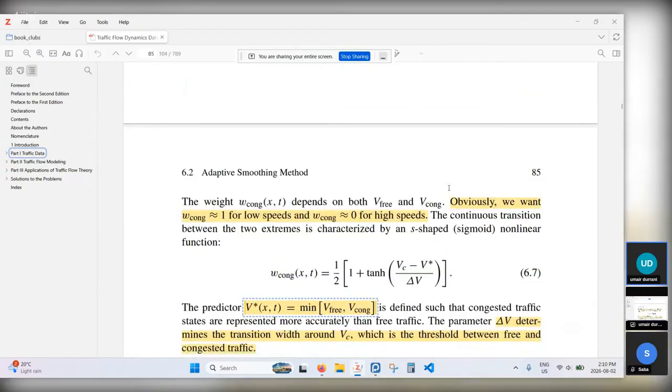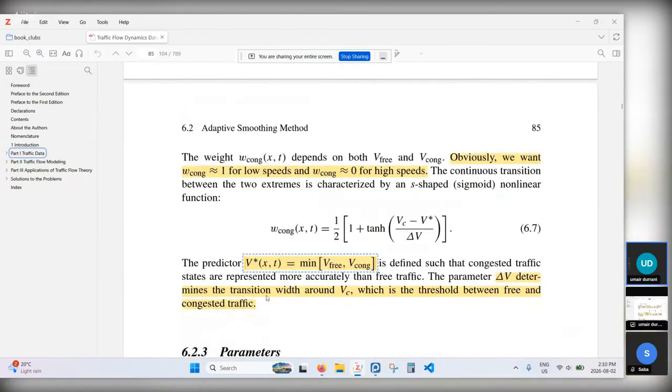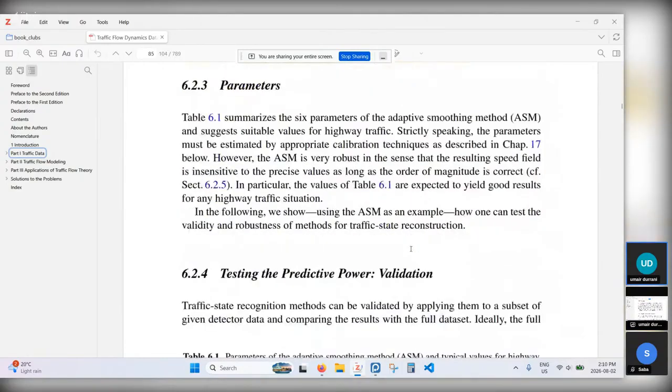Sorry, delta V is the transition width around VC, and VC is the threshold between free and the congested traffic. So these are the parameters in the equation that need to be calibrated.